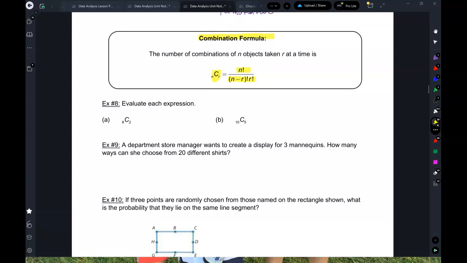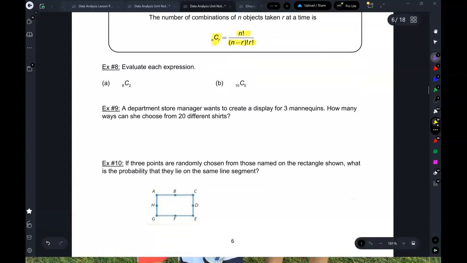If you have a drawer and you're going to take out 3 socks, and you get 2 pink and 1 blue, the 2 pinks don't make a difference. Pink, blue, pink and pink, pink, blue are not different things. You still have the same 3 socks.